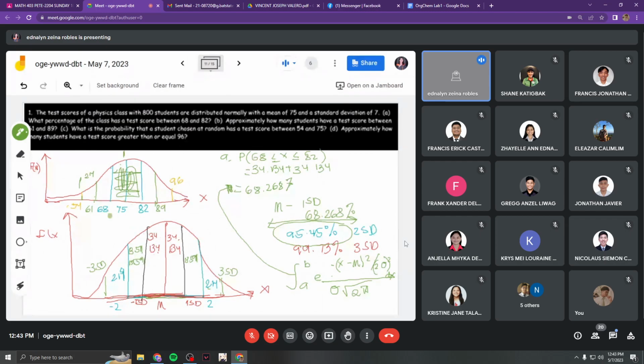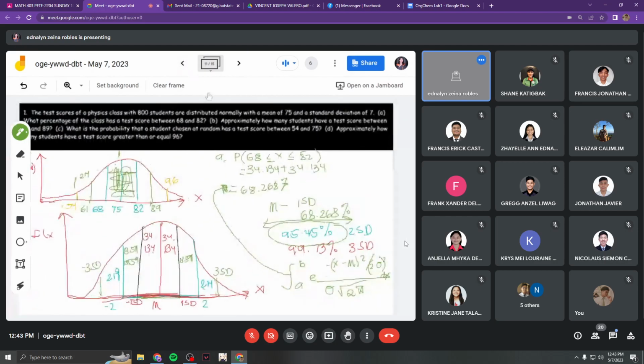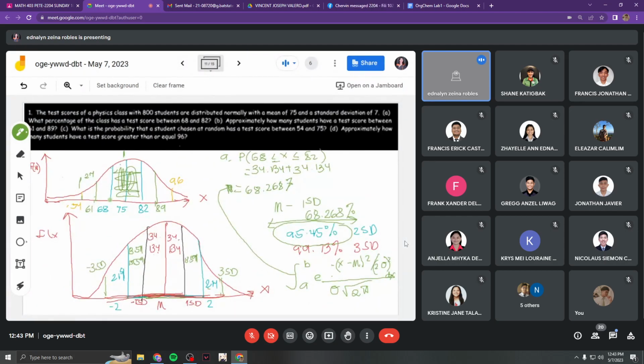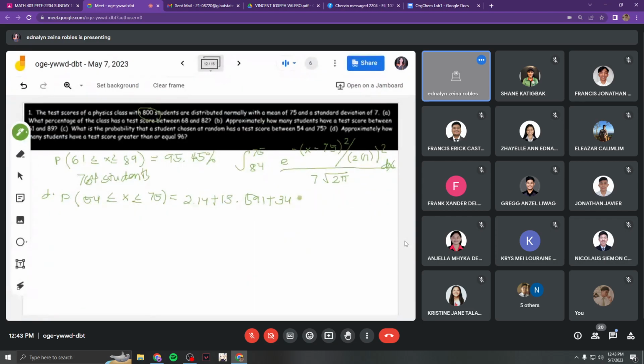And the probability that the students will get 68 to 75 is 34.134. So now you can get the probability that the students will score between 54 and 75.